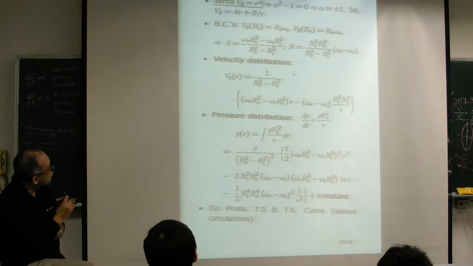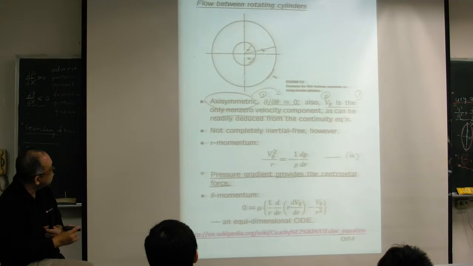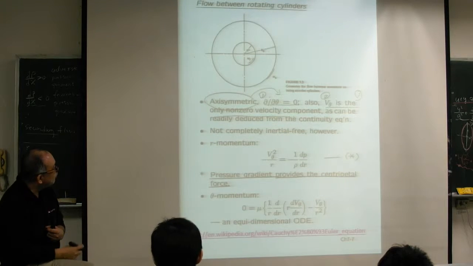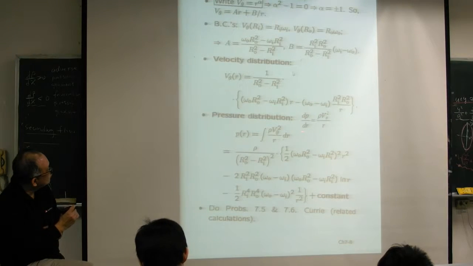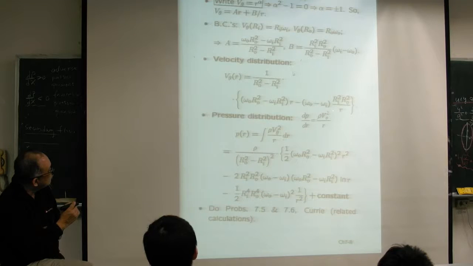And by using this velocity profile, substituting back into our r momentum equation, which is from this equation here, we already know V theta, and we can find out dP/dr. Okay, dP/dr equal to rho V theta squared over r. So P we can integrate to get our pressure field as a function of r.